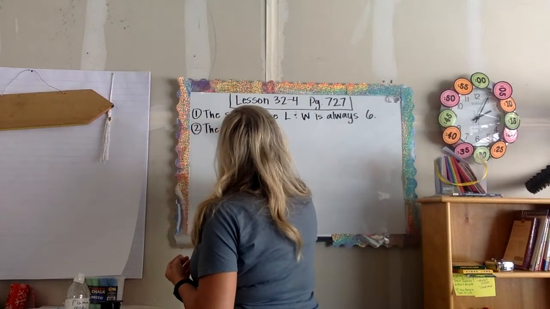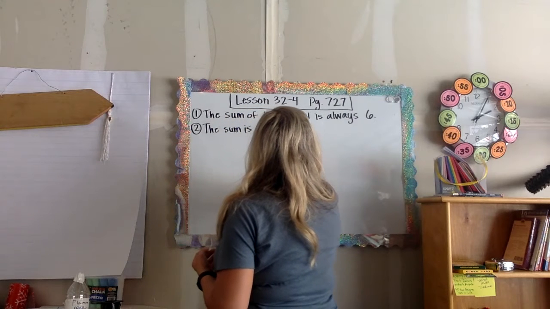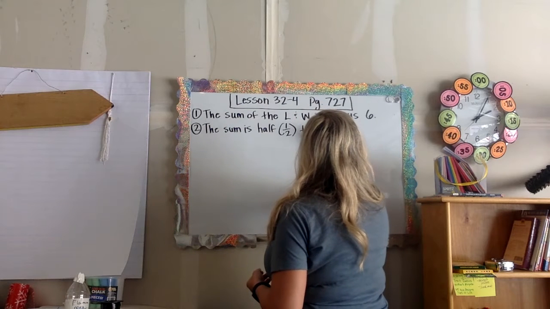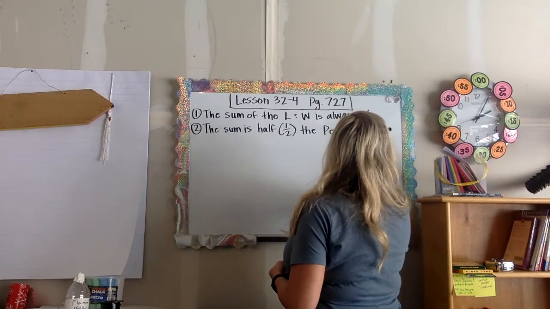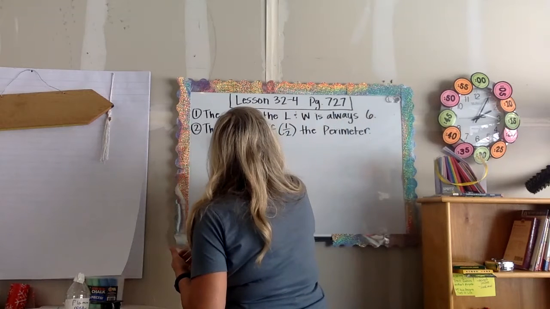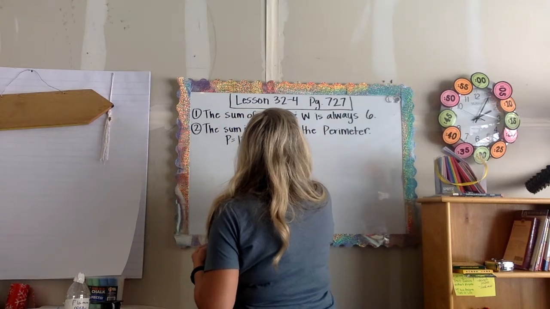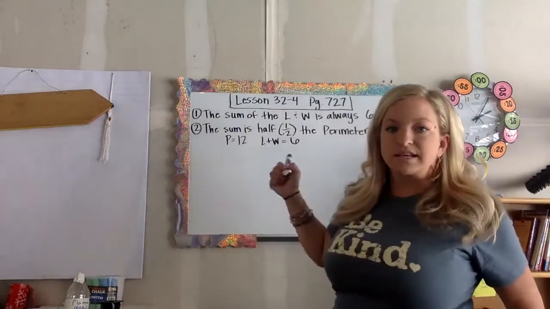The sum is half, or to go back to our fractions, 1/2 the perimeter. So the perimeter was 12, and when you add the length plus the width, which is the sum, you got 6. 6 is half of 12.